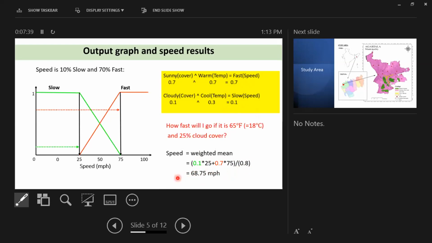So according to fuzzy logic, if the weather is 65 Fahrenheit and 25% cloudy, we should drive at 68.75 miles per hour.